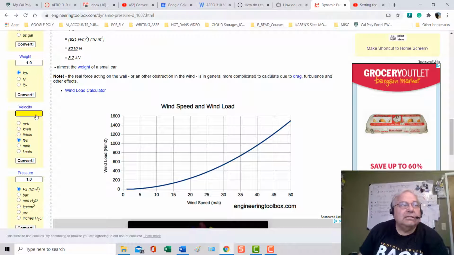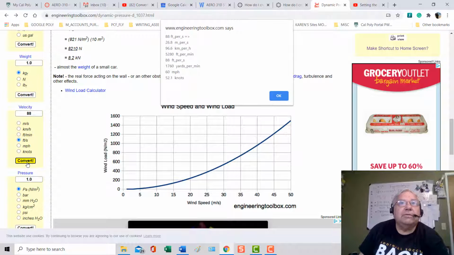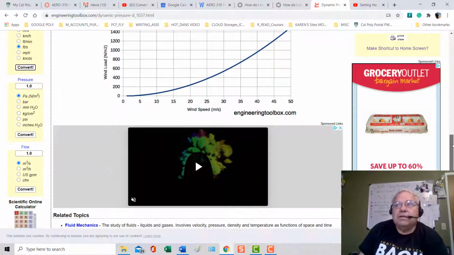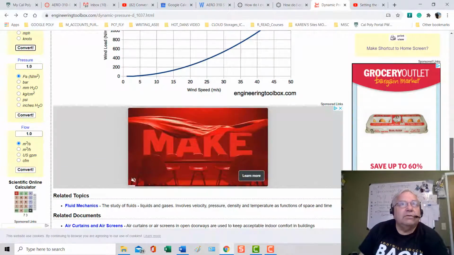So if I hit the convert button, you can see 88 feet per second, and here it is in meters per second, kilometers per hour, and then here 60 miles per hour, and that's the conversion I remember from my test pilot school days. 60 miles an hour is 88 feet per second. And again, now here you see there's pressure and more. So this is a pretty useful site with the conversion factors and kind of a go-to one place.